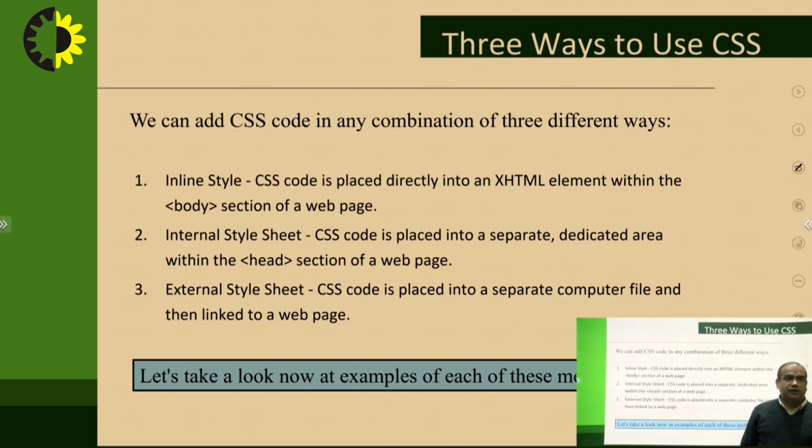So there are three ways to use CSS, as I told you earlier: inline style sheet, internal style sheet, and external style sheet. In an inline style sheet, CSS code is placed directly into the XHTML or HTML element within the body section of the web page. That always comes in the body section. In an internal style sheet, CSS code is placed into a separate or dedicated area within the head section of the web page.